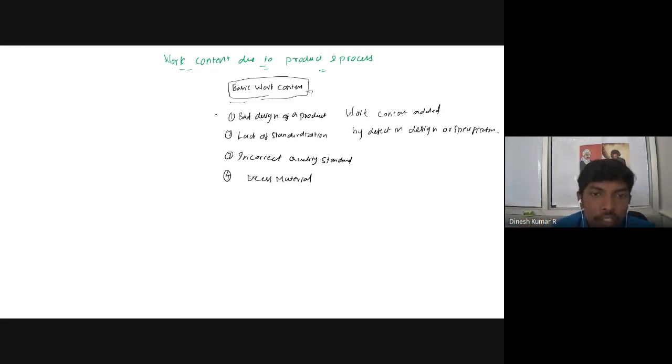So these two components, the work content added by design and specification, and the basic work content, altogether define what is the total work content of the product.